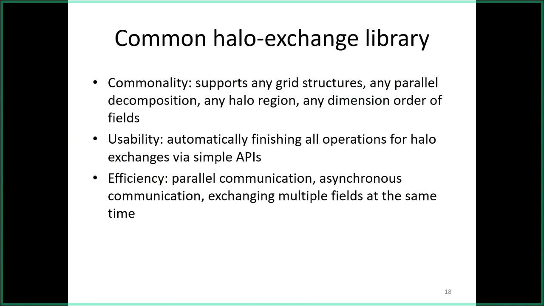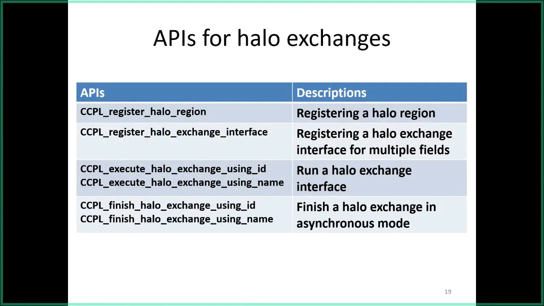And it supports parallel communication based on the data transfer functionality of the coupler, supports asynchronous communication, and can exchange multiple fields at the same time. The implementation of this library is simple in C-Coupler because of the architecture and foundation of C-Coupler 2, so we just provide several new APIs for halo exchange, because C-Coupler 2 already supports a series of APIs that can be used for halo exchange.